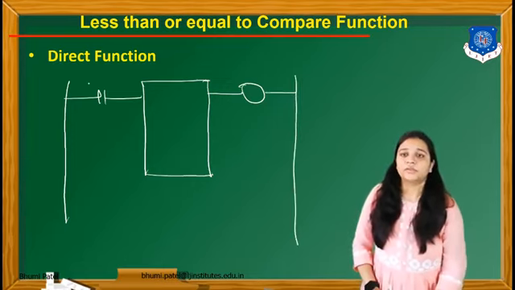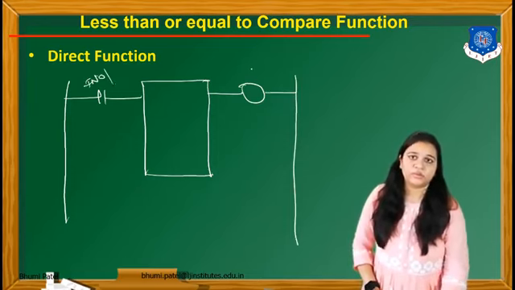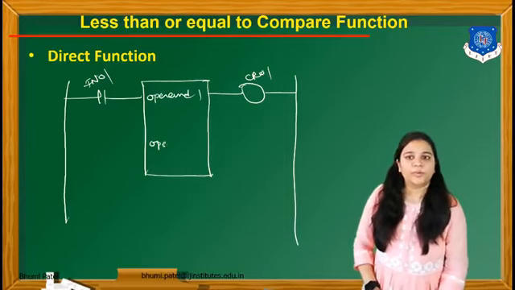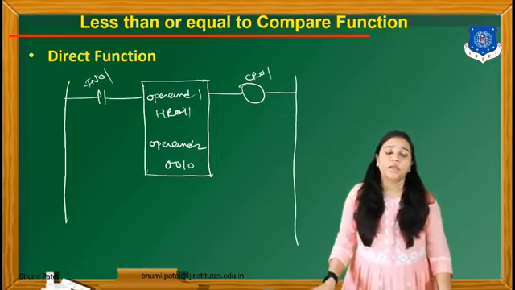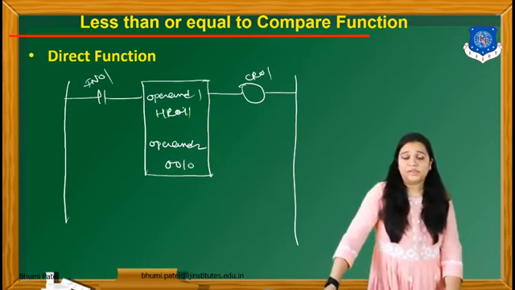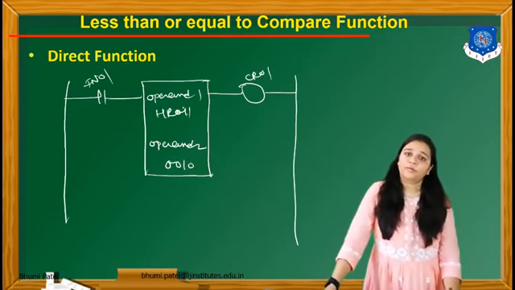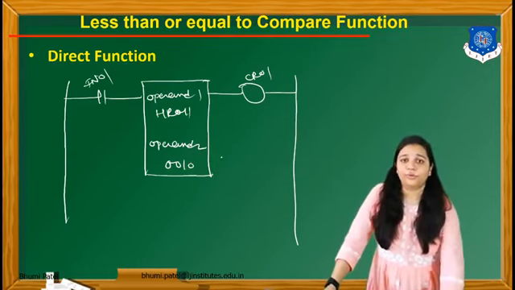This is my input, this is my output, this is my operand number 1, operand number 2. Suppose we take a value, and here we have to take another register. If operand 1 is less than or equal to operand number 2, at that time my output goes on.